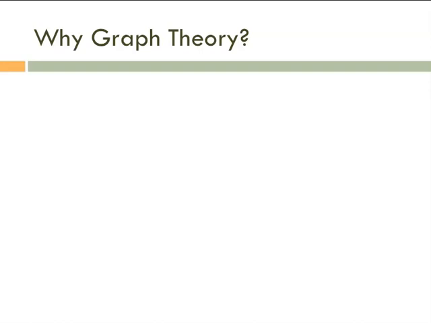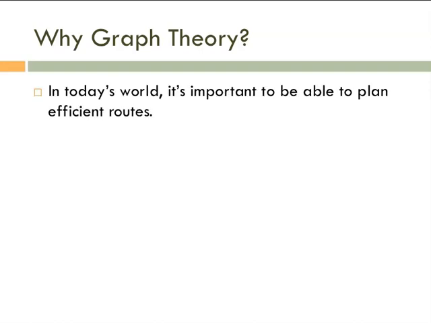So let's first start by talking about why graph theory. Graph theory is important today because it's important to be able to plan efficient routes. So examples could be something like a FedEx truck has a certain number of deliveries that he has to make, and he has a set of houses that he needs to go to, and in order to figure out what's the most efficient route for him to go, you can use a graph in order to simplify the problem and be able to come up with an efficient route.